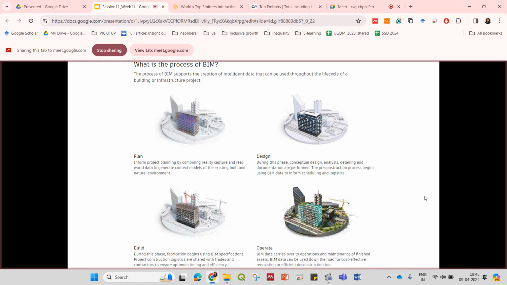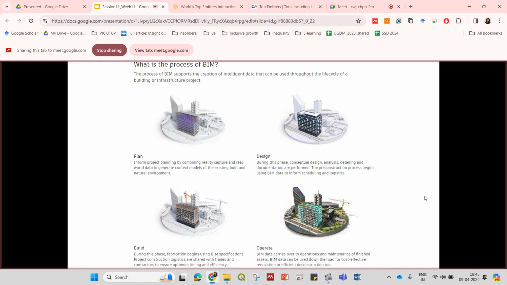So during this phase, fabrication begins using BIM specifications. Project construction logistics are also shared with various stakeholders that are connected with the building process, and this helps to ensure optimum timing and efficiency in building the particular project. Then comes the operate stage.